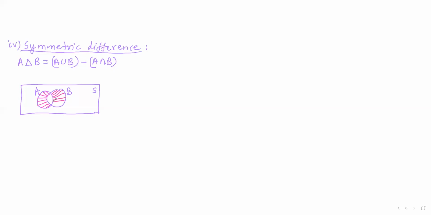So this part will represent A symmetric difference B. That is, from the union portion, you have to subtract the intersection portion.